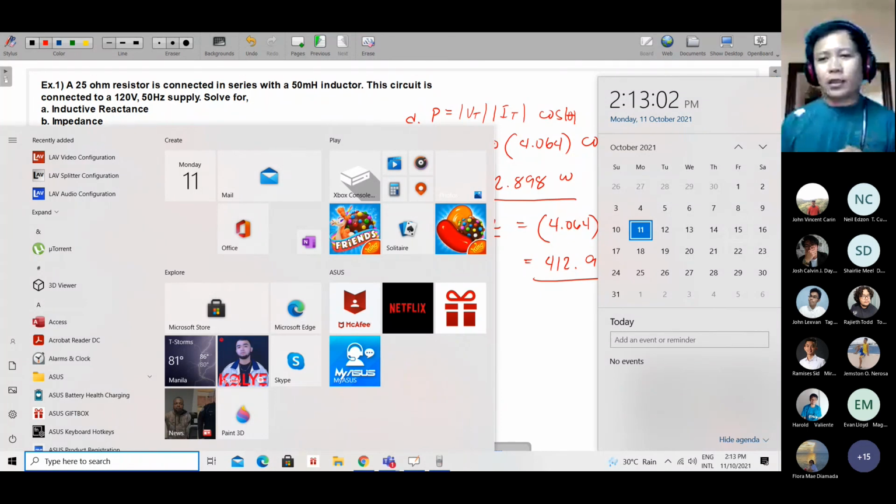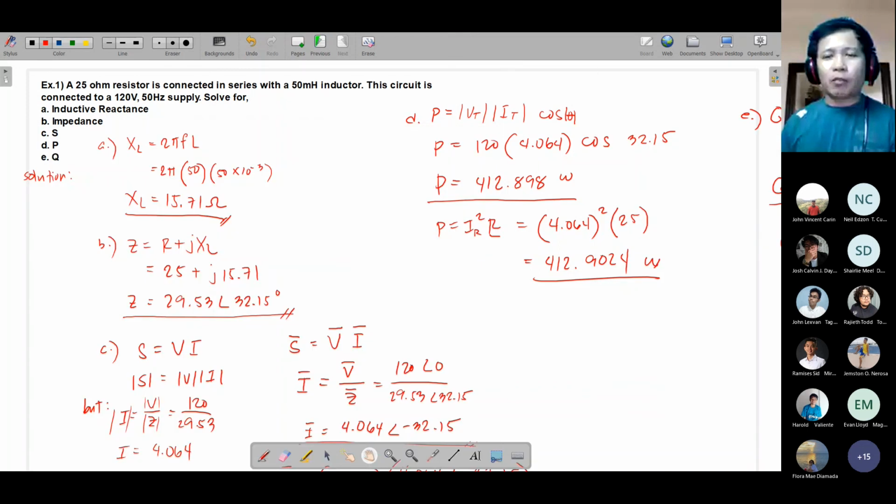So inig Wednesday, ang combination sa R, L ug C, naka-series or naka-parallel, okay? And then inig ka Friday duha ka topic, resonance ug power factor correction. Okay? Any other questions? Mga pangutana?